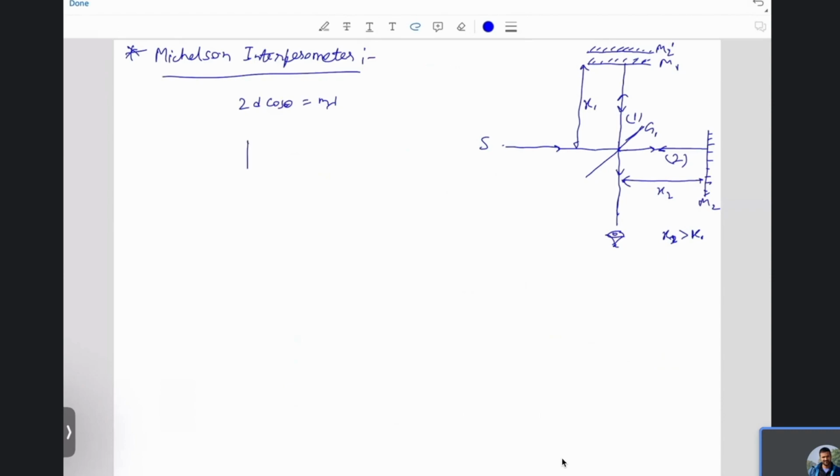So suppose this is two dimension, this is a mirror M1, and you are observing this.